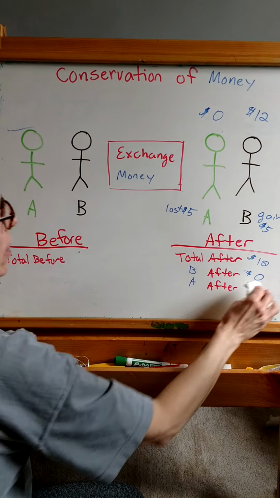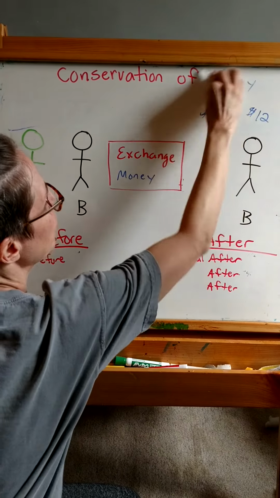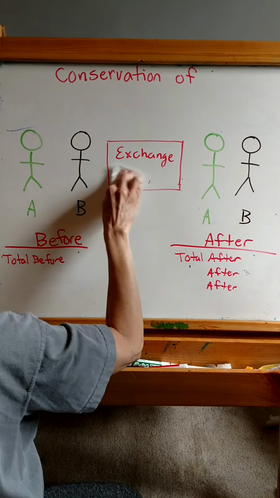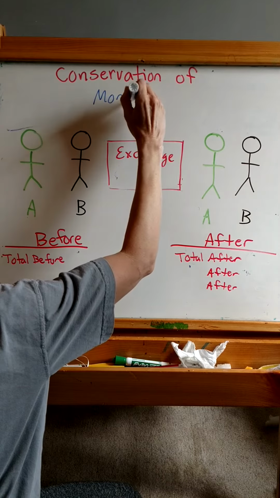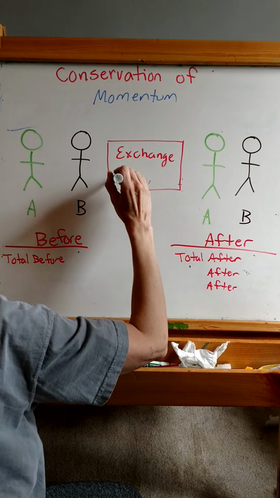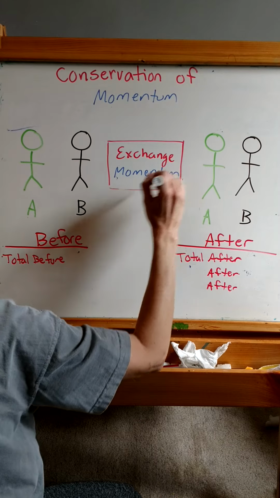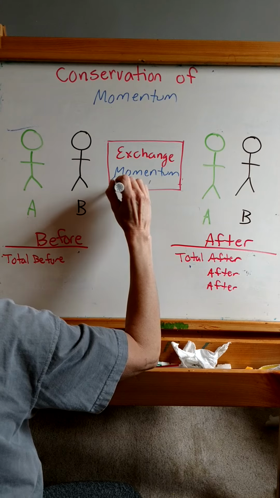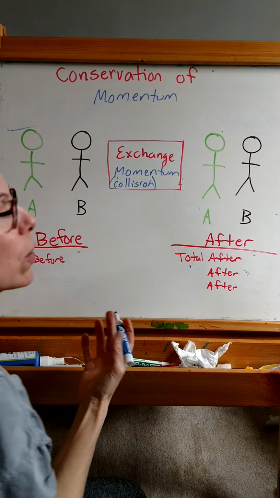So if that's making sense with money, now we're going to do the exact same thing. The only difference is, instead of talking about money, I'm going to erase everything that says money. Now we're going to talk about momentum. And they are going to exchange momentum. That usually happens when two things collide. So we'll talk about a collision, which is like a car crash.